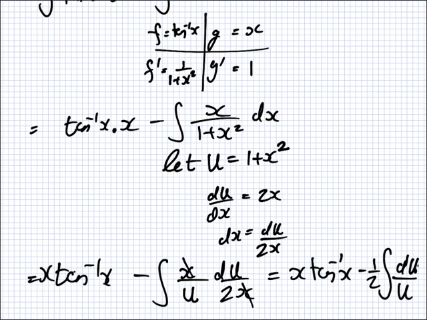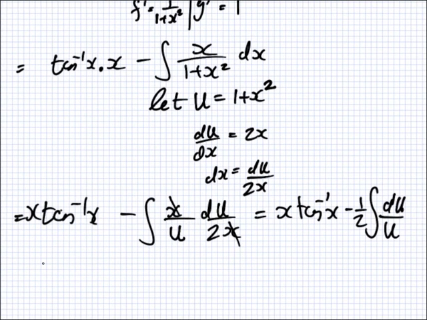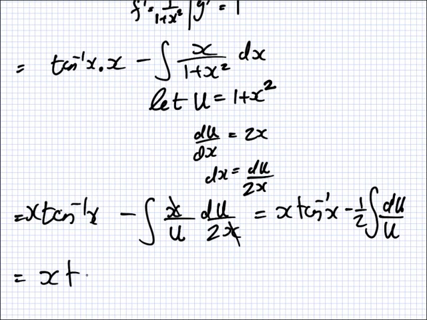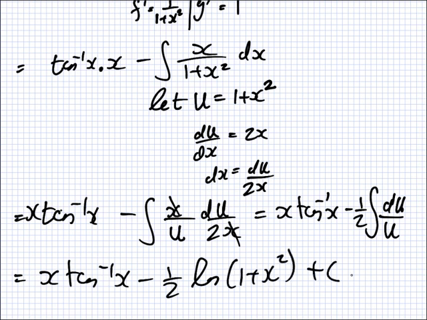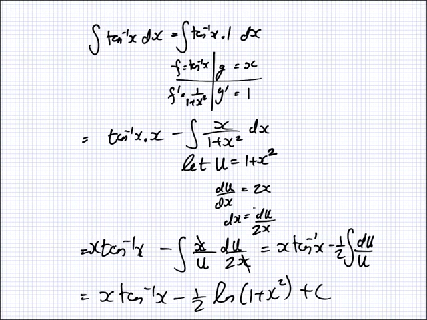What happens when you integrate 1 over u? You get log u. So that's x tan inverse x minus a half log u. Well, what's u? 1 plus x squared.